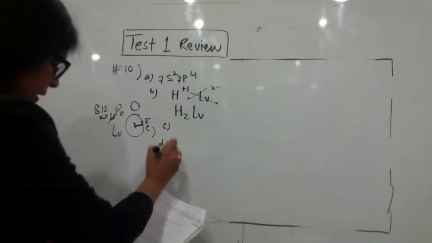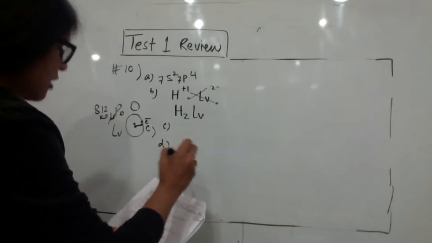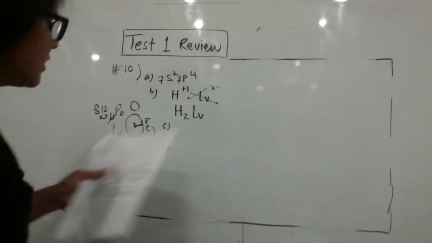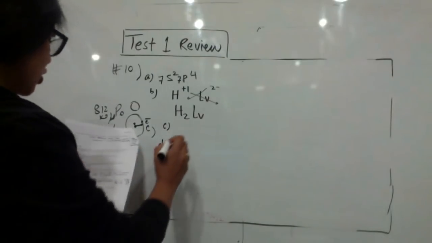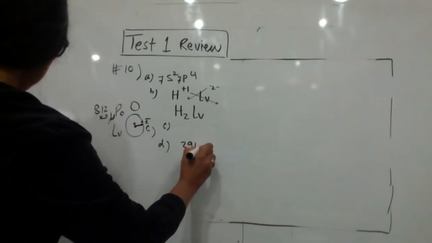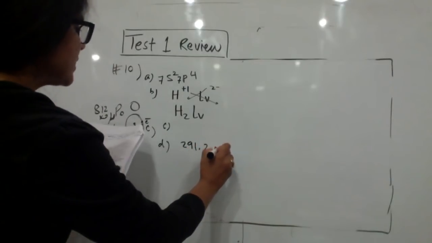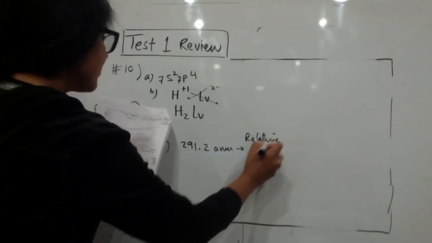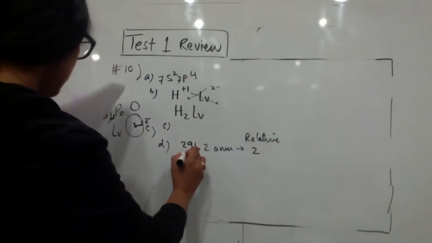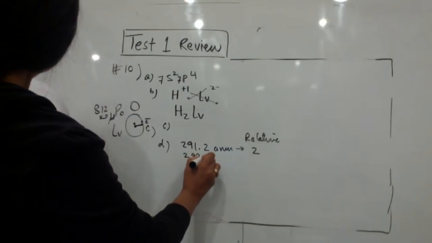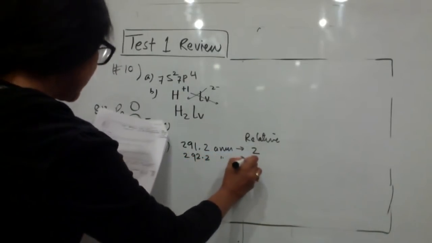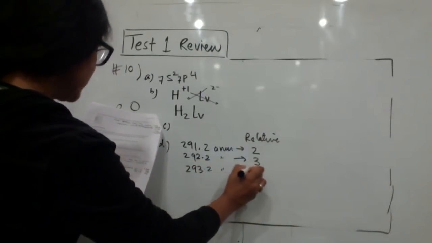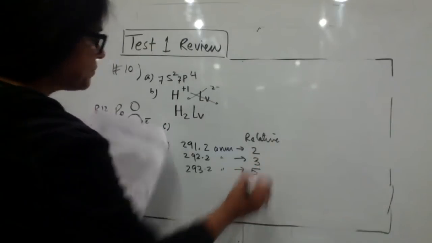Let us see. Part D asks you for average atomic mass, and they have given you a mass spectrograph here. So in that spectrograph, it tells you that the 291.2 mass isotope's relative abundance is 2, the 292.2 AMU's relative abundance is 3, and the 293.2 AMU's relative abundance is 5.